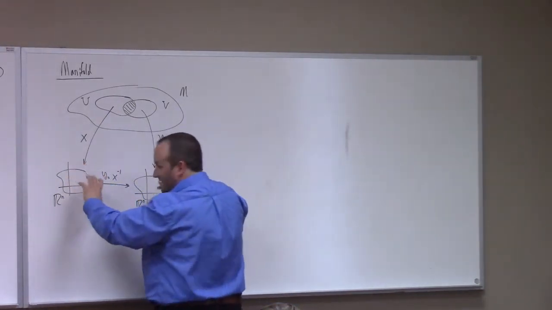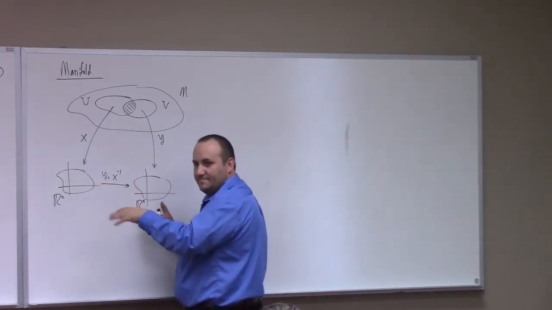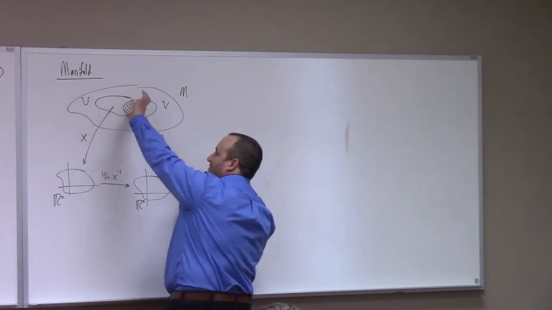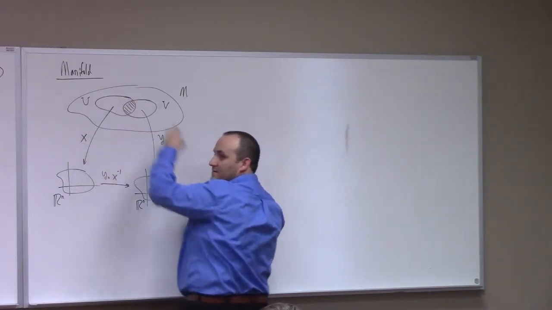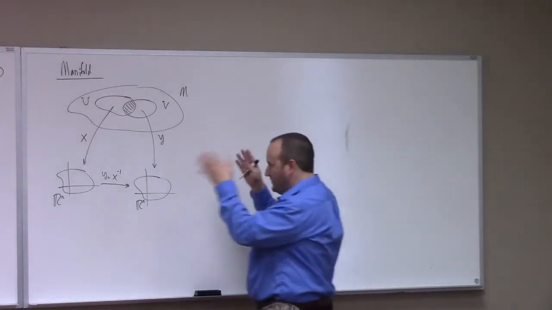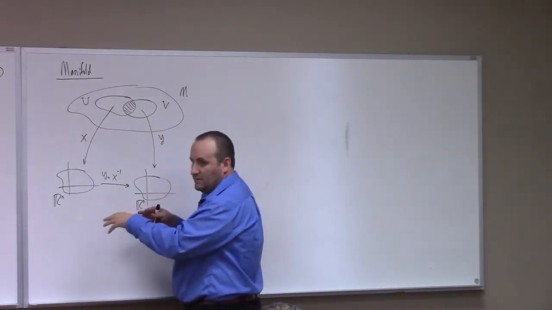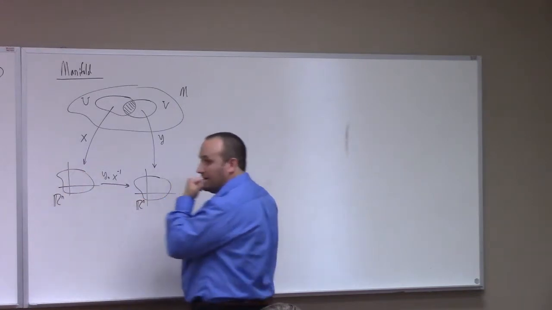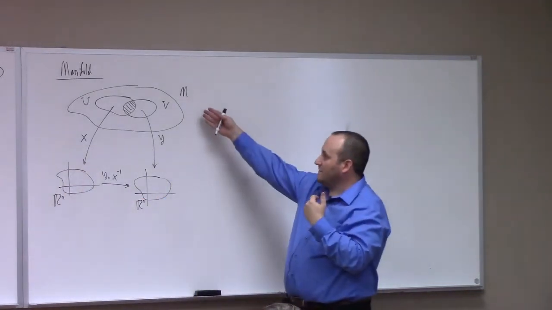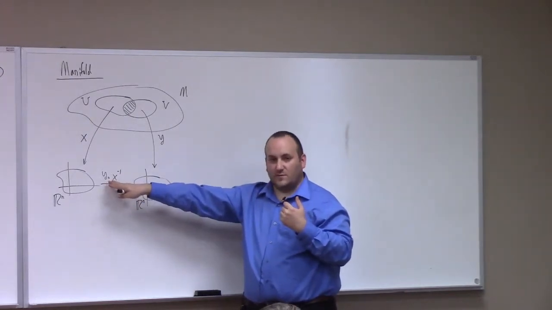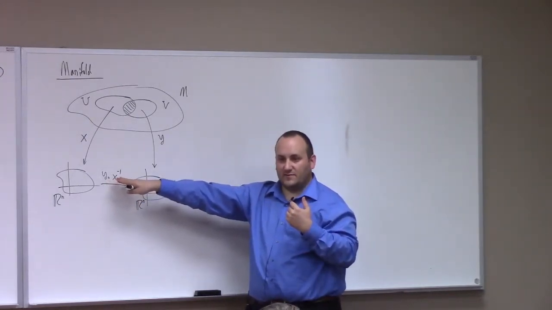I don't want to get into the details of that. But once you get through that theory, you're looking at a mapping from Rn to Rn. And to say that the manifold is smooth is just to say that this transition function is smooth. That's what it means to have a smooth manifold.